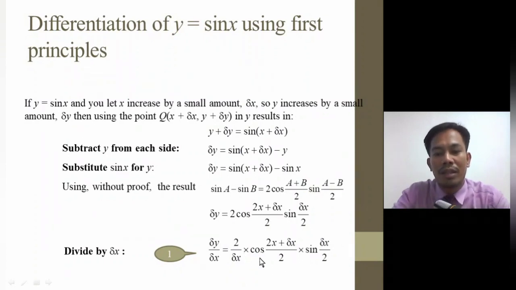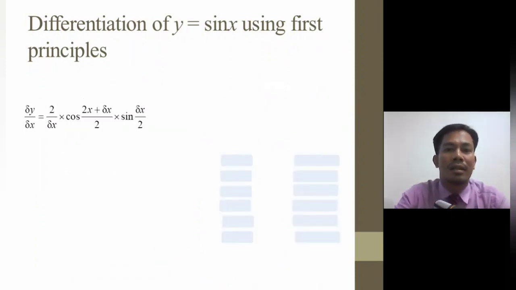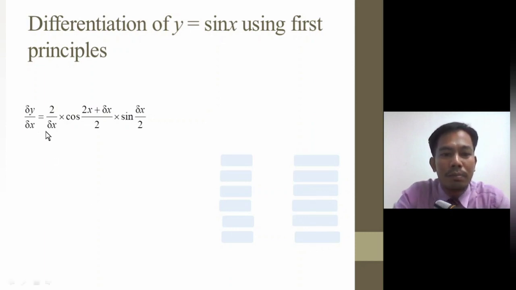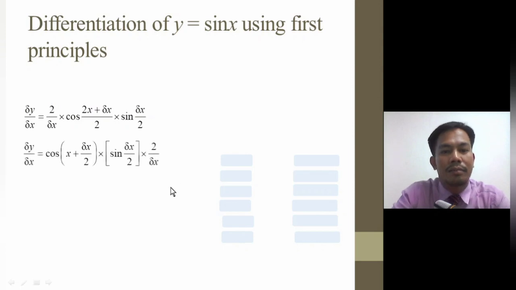We will be using this to prove what the derivative of y equals sine x really is. Okay, let's go to the next slide. This one will be what we are using. I just want to put 2 over increment of x at the end.